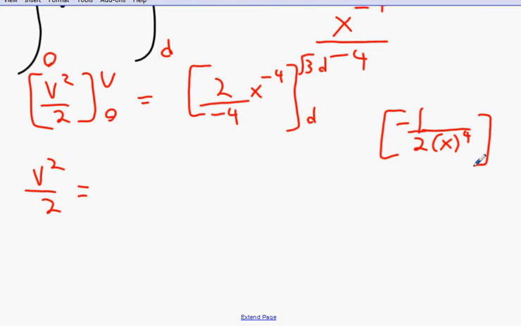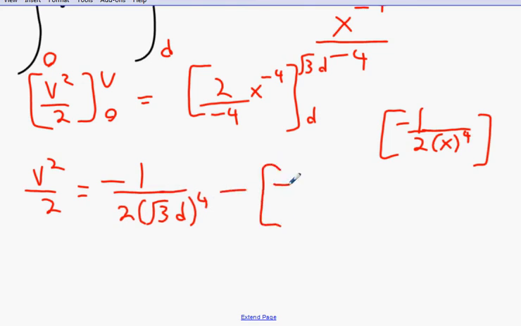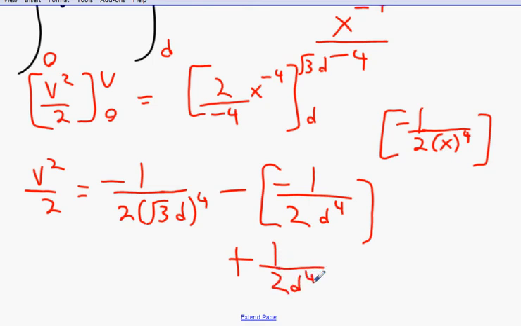So let's find out what we're going to have here. We're going to have minus a half. Instead of x4, I'm going to have root 3 d to the power of 4. And then I'm going to have minus a minus d to the power of 4. That's a plus a half d4. Now, what's root 3 to the power of 4?